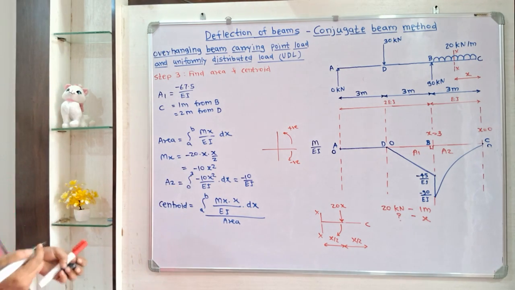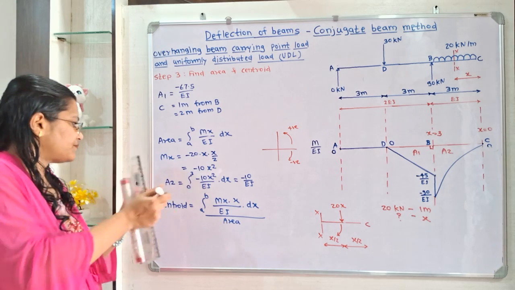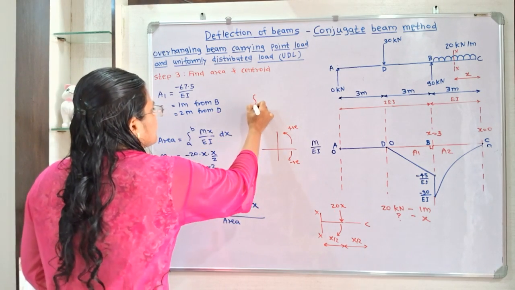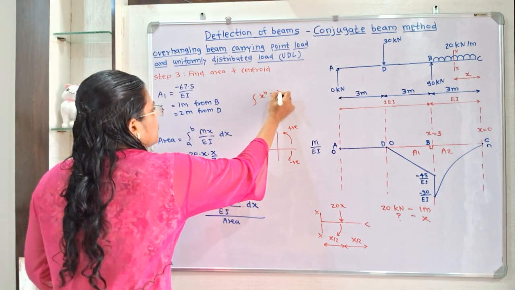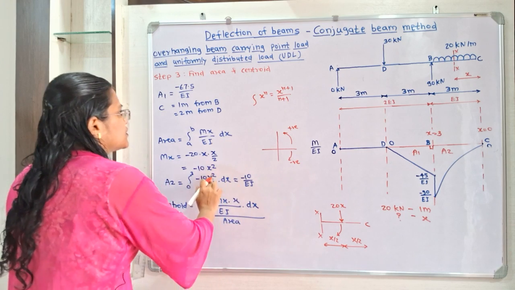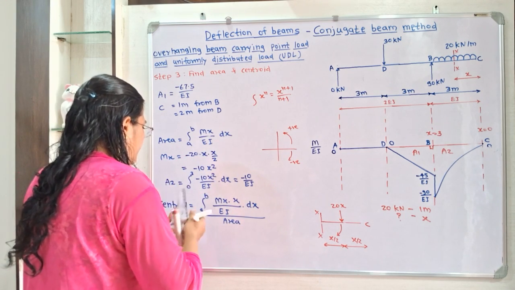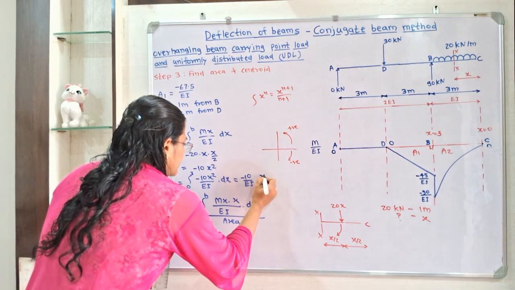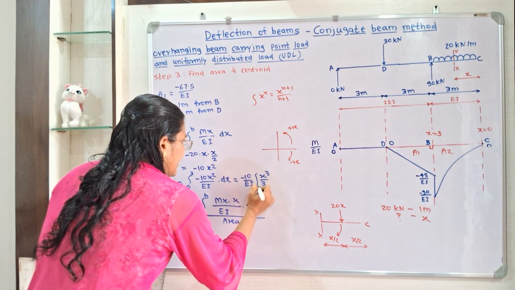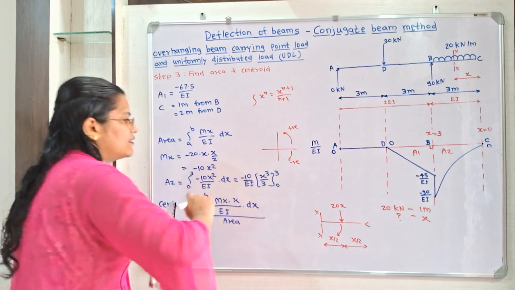We have one formula, integration of x raised to n is equal to x raised to n plus 1 divided by n plus 1. So for x square, n is equal to 2, so x cube by 3. I will write here x cube by 3, and for this we will give the limits 0 to 3.